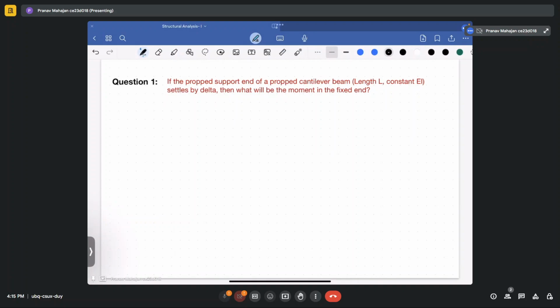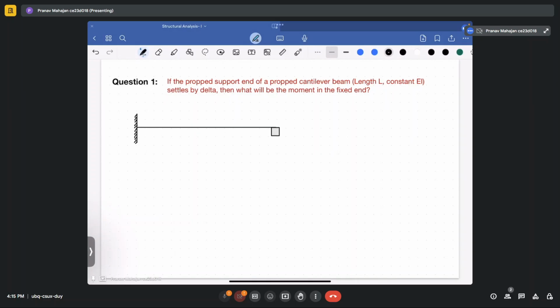Okay, so let me draw the beam first, then it will be easy for you to understand. So it means that you have a propped cantilever. So this is your cantilever beam, and it is propped at its free end.